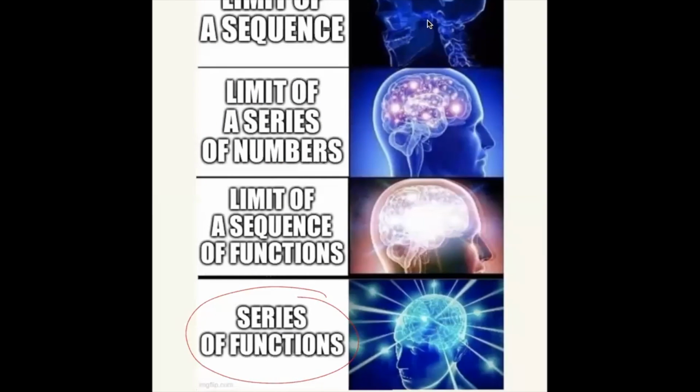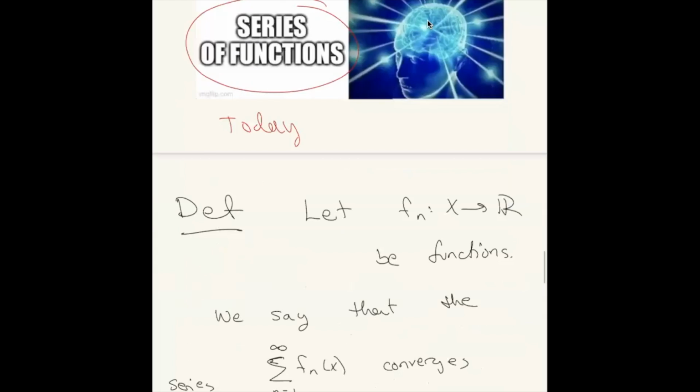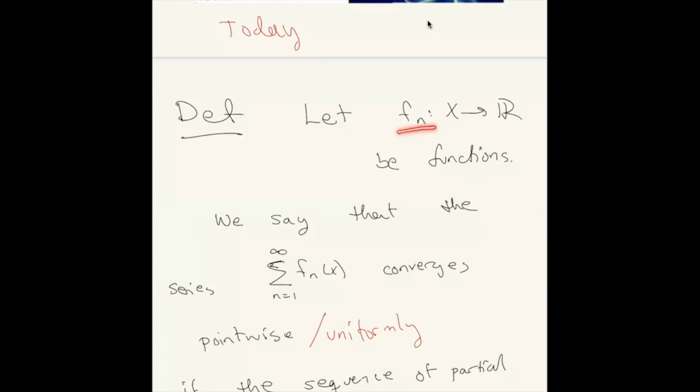Well, a series in 131A converged if the sequence of partial sums converged. And the same thing works here in the function spaces as well. So if you have a sequence of functions, we say that the series, that is the sum of these functions, converges, and you can say either pointwise or uniformly. These are exclusive.